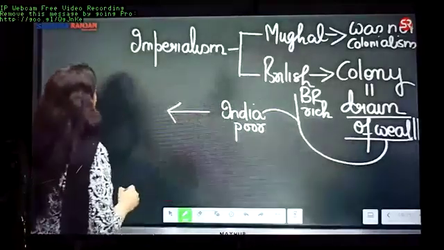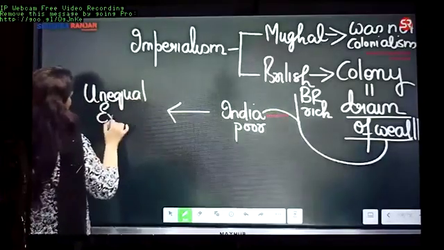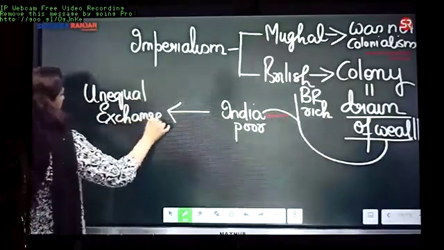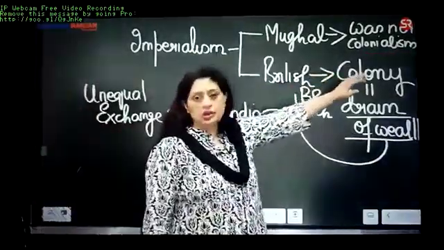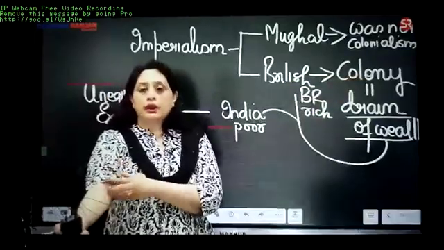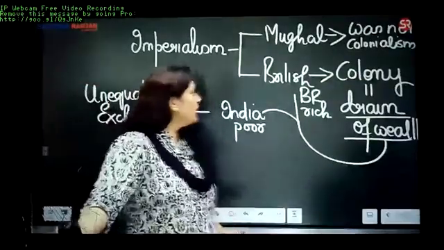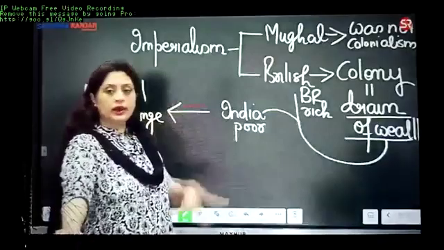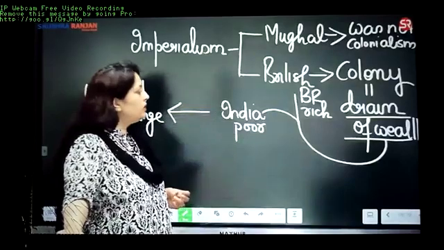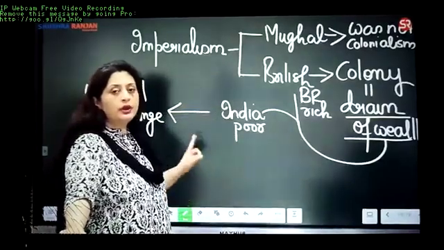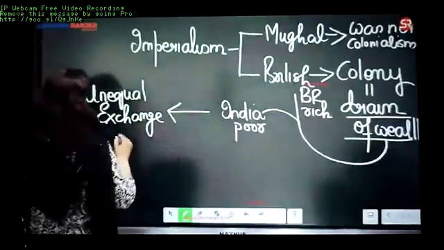There was unequal exchange. Mughals, they brought their rich culture, tradition, Mughal conquest, that wealth also came. But the British, it was an unequal exchange where British became rich at the cost of Indians and Indians became poor.